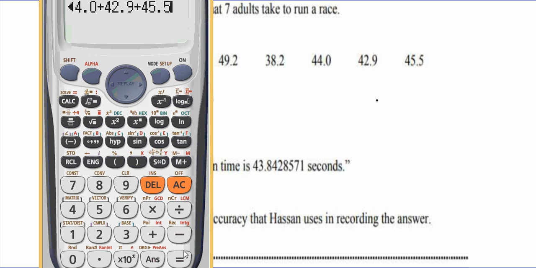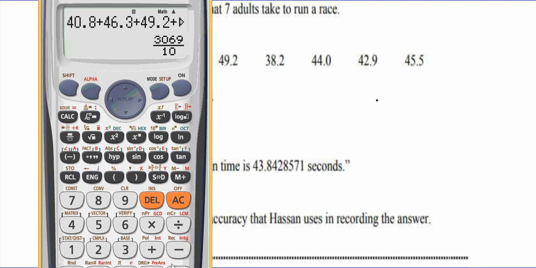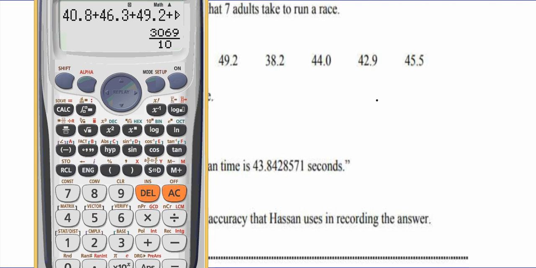Okay, now you hit equals, and you will get the answer in decimal.